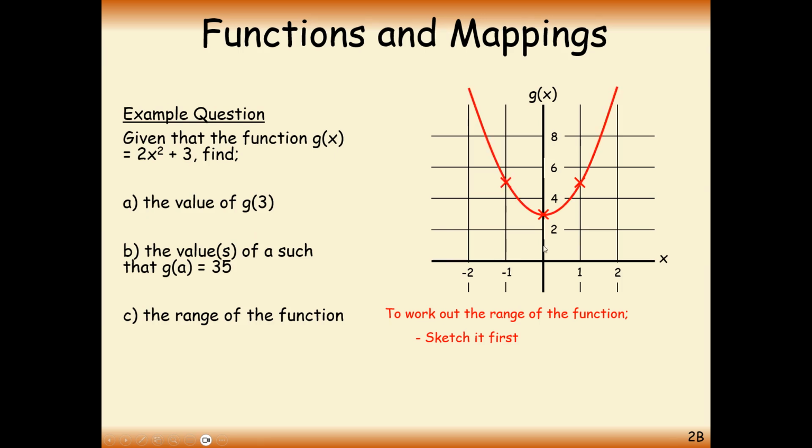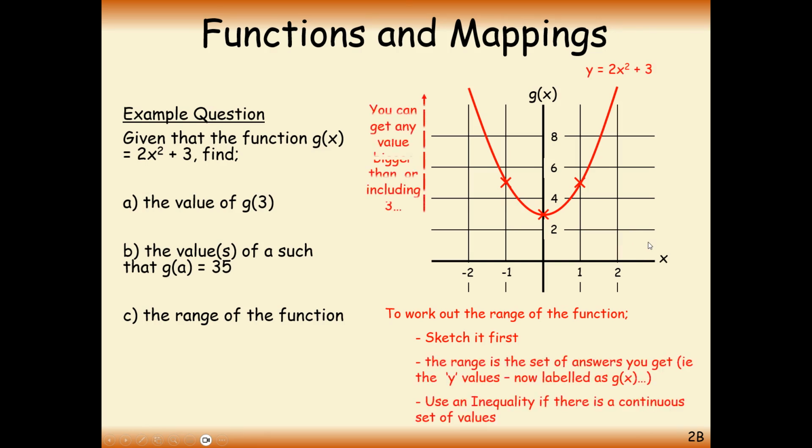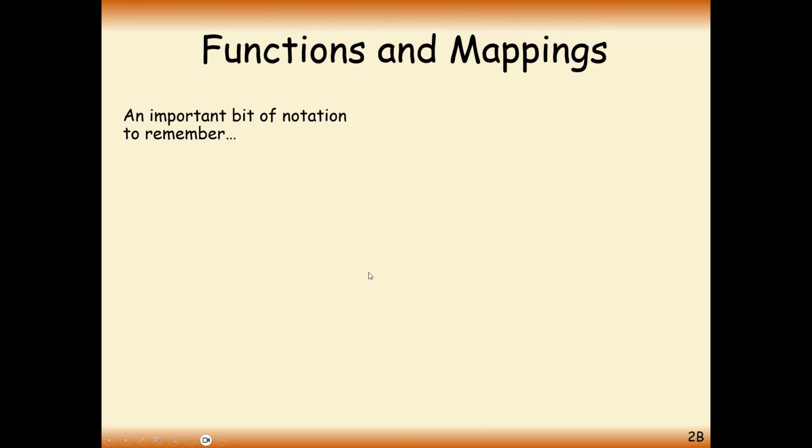So the lowest value that it can take is 3 and the highest value is positive infinity. So you could say the y value goes from 3 to positive infinity. So we write g of x bigger than or equal to 3, and that's the range.